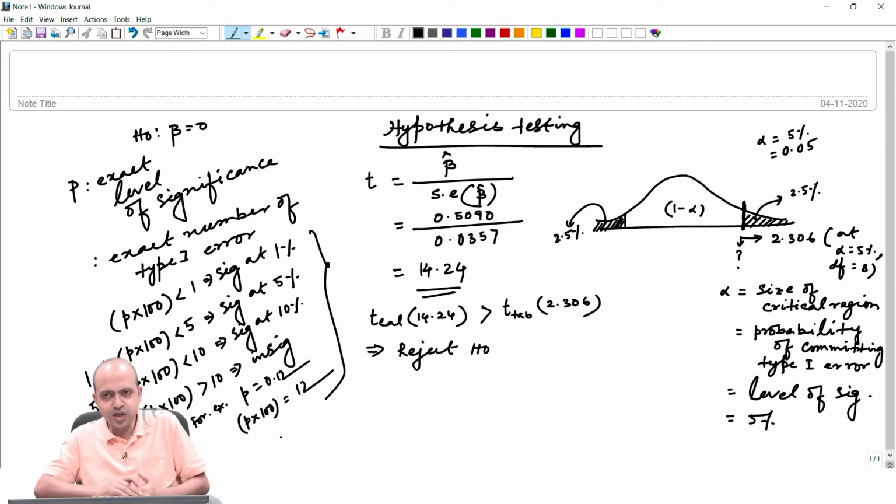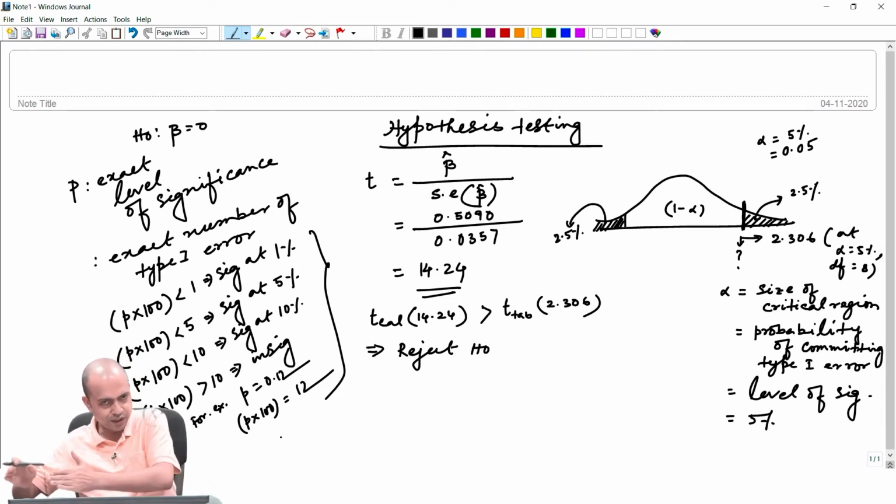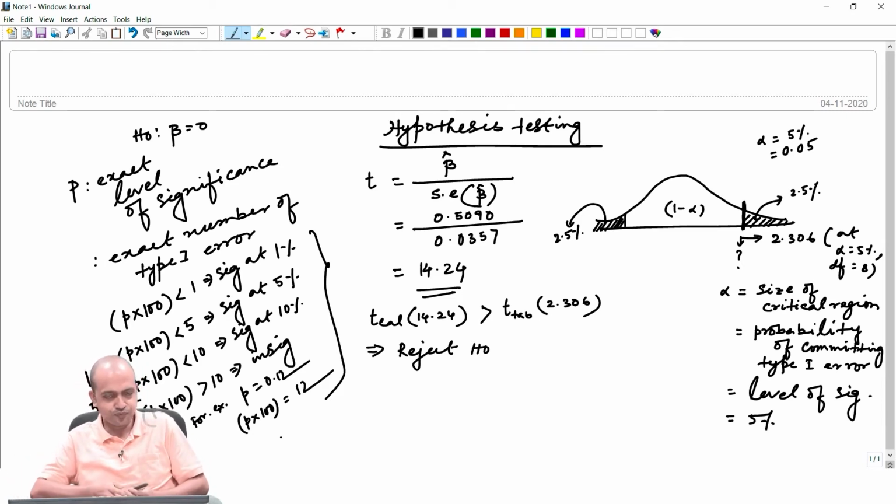Okay. This is the simple rule that we apply to see whether the variable is significant following the comparing t with the tabulated one and applying this p. So, this is called level of significance approach.